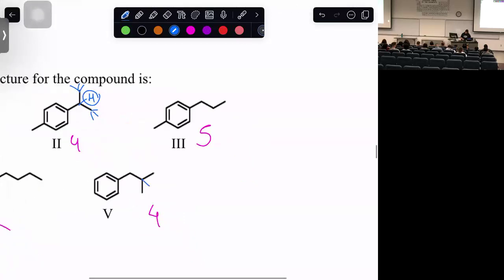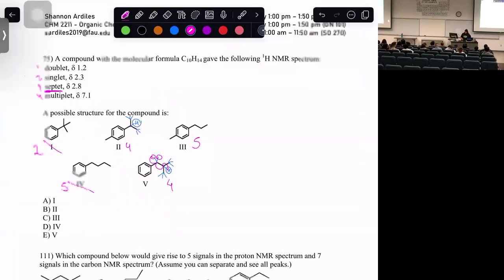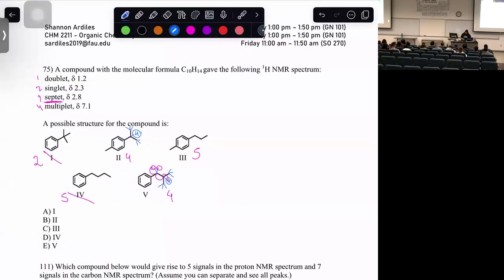But on the other side, we have the hydrogens in the methyl groups. What about the two hydrogens in here on the left side? Would they be neighbors? Yes, because remember, they have to be within 3 bonds away. 1 bond away, carbon. 2 bonds away, carbon. 3 bonds away, I touch the hydrogens. So it's more than just a septet. So that's why molecule 2 is the only one that corresponds to the data that we're given.